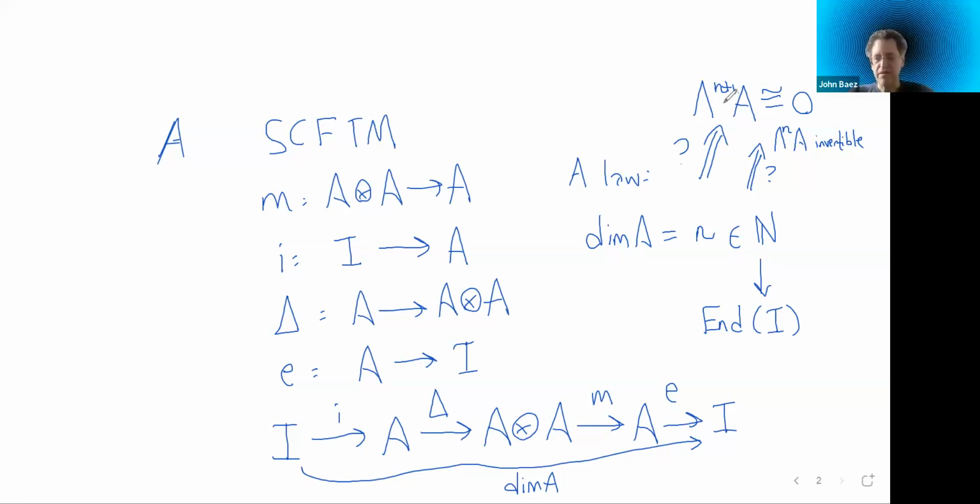It's a 2-rig with some extra properties. And they show that in that context, the dimension of any object has to be a natural number, and that you can derive these types of things from its dimension.